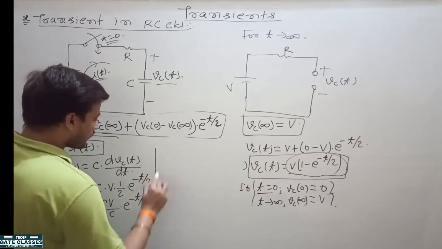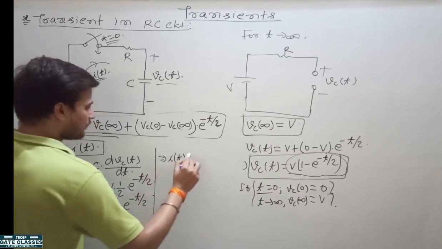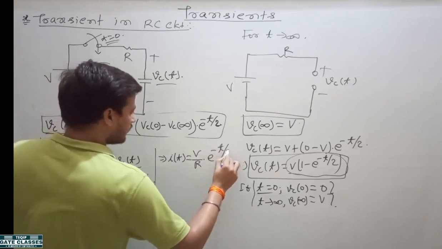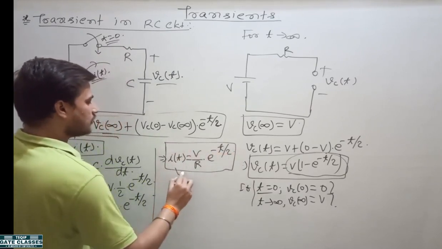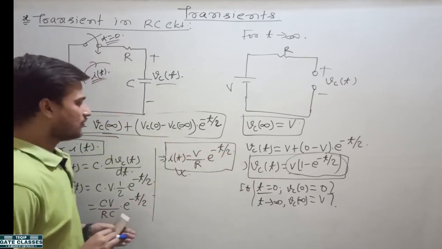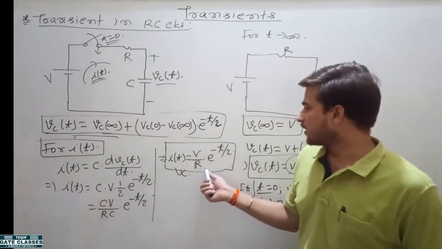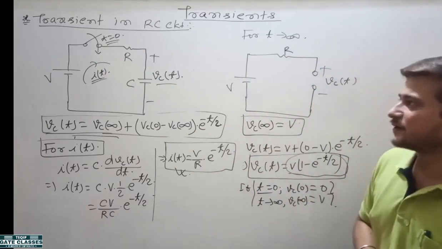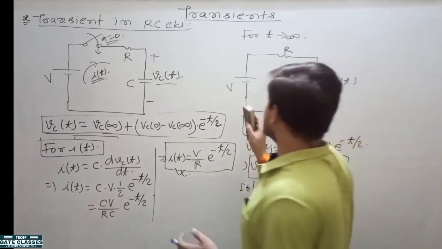So from here you get IT is equal to V by R into e to the power minus t by tau. This is the expression for current IT flowing in this RC circuit. Clear?